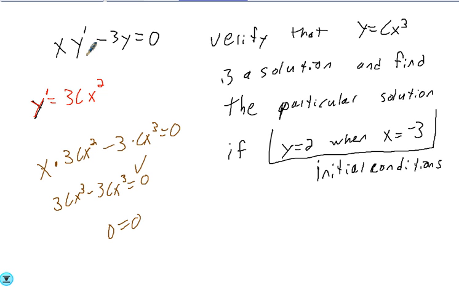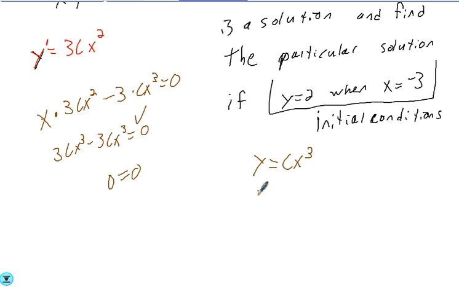So to find out what the particular solution is, we want to use this information. So we have y equals cx to the third, and y equals 2 when x equals negative 3.